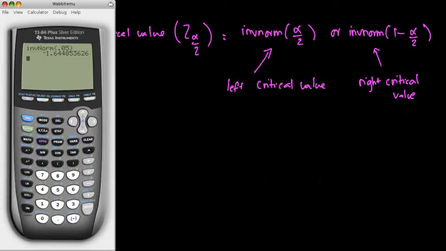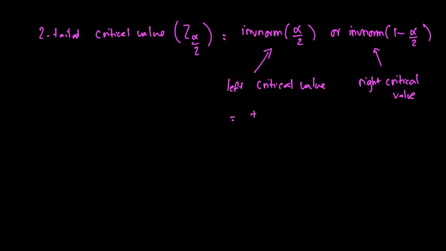In a similar manner, if you want to find the one on the right, you will find the same number but with a positive sign. So inverse norm of 1 minus alpha over 2, which is 1 minus 0.05, close paren, enter, you get 1.6448. So by all means the critical value here is plus or minus 1.645, but when I take the absolute value it would just be positive.